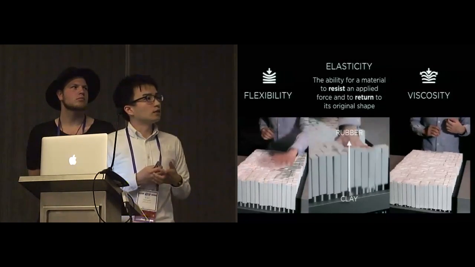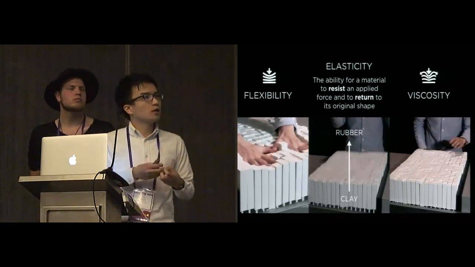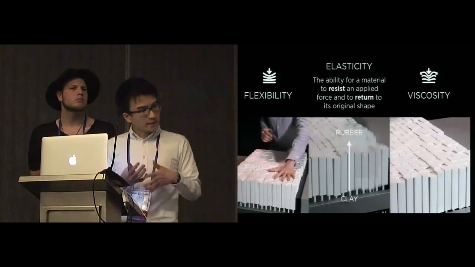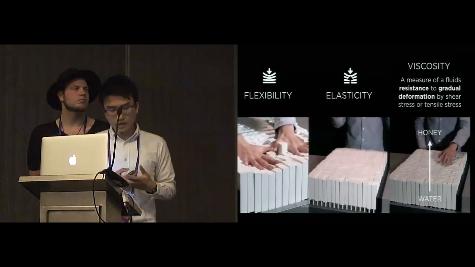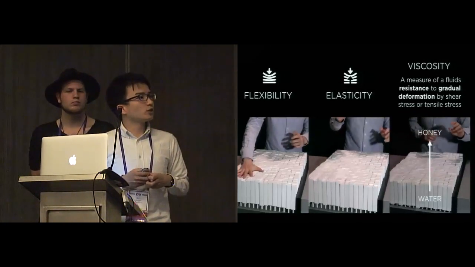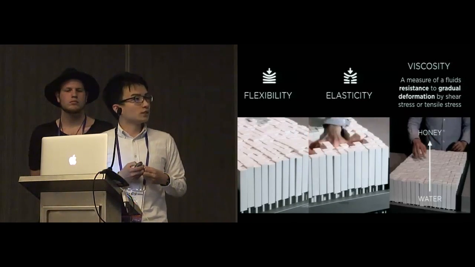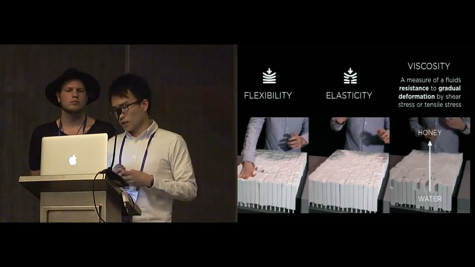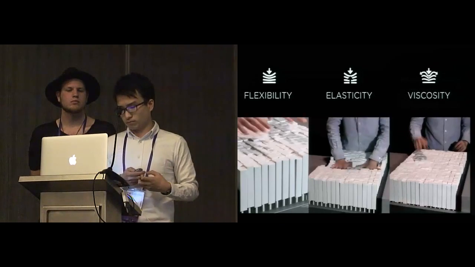Next, elasticity is the ability of a material to resist an applied force and return to its original shape. So rubber is more elastic than clay. Lastly, viscosity is a measure of a fluid's resistance to gradual deformation by shear stress or tensile stress, so it is often referred to as thickness. So honey is more viscous than water.